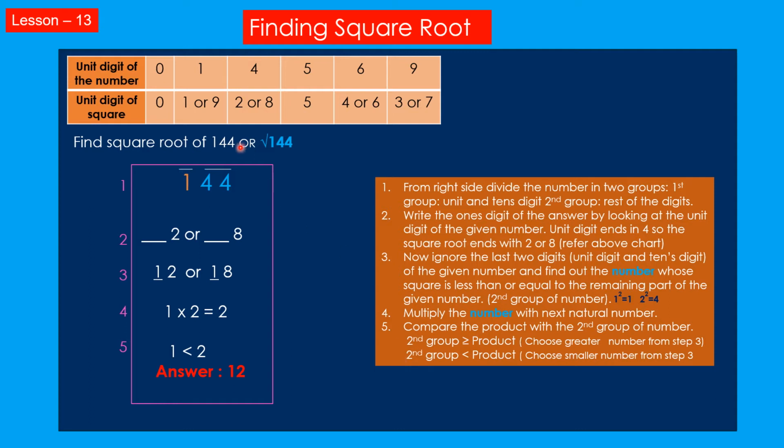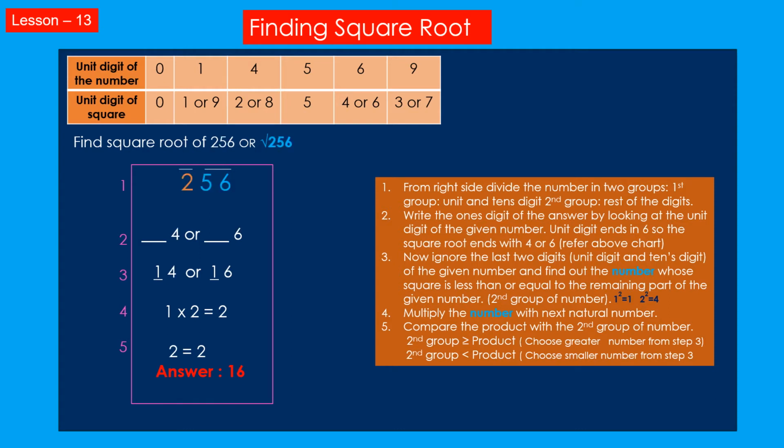Or you can say that the second group of number is less than the product. So you choose the smaller number. Out of 12 or 18, the smaller number is 12. So our answer is 12. In order to find the square root of 144, you just have to do these simple 5 steps and you get your answer.